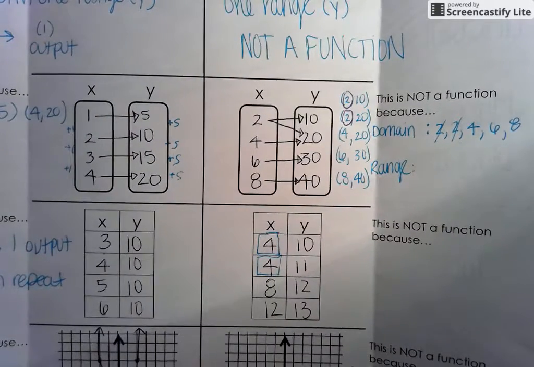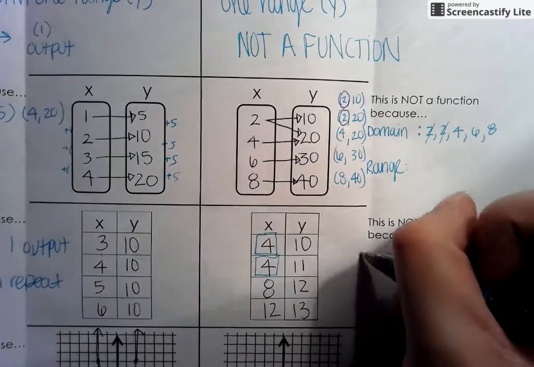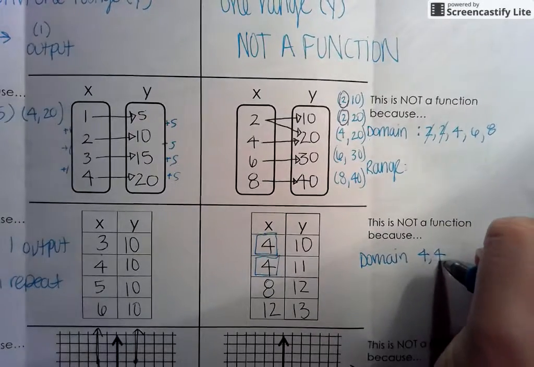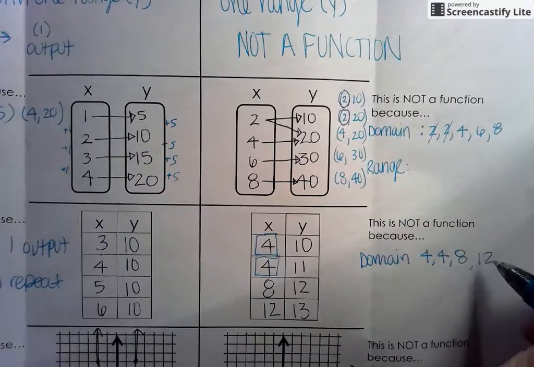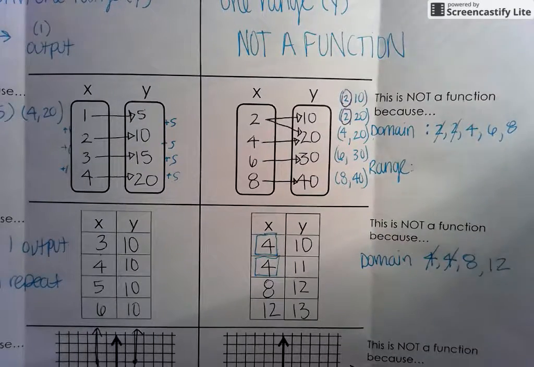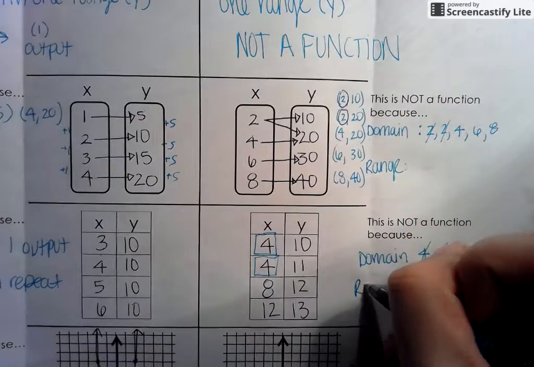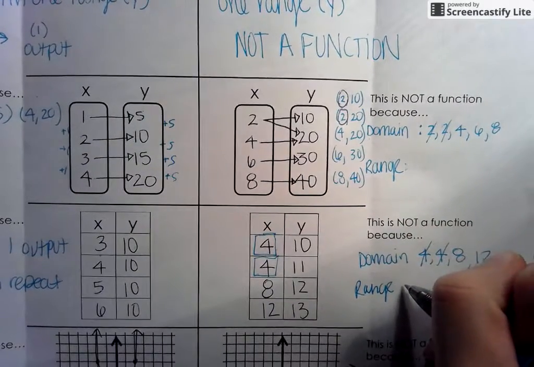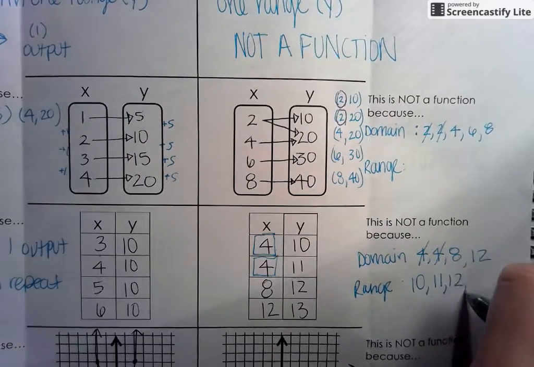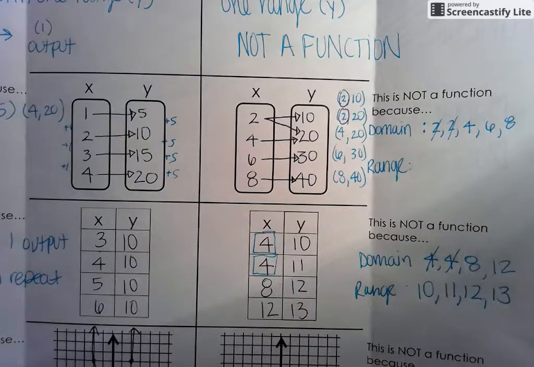If you were to write out the domains, you would notice that they would be 4, 4, 8, and 12. Because you can't have an input being the same number, this would not be a function. If you did the range, you would notice that there are different ranges, but that's not going to matter. You're really looking at the domain for all of these.